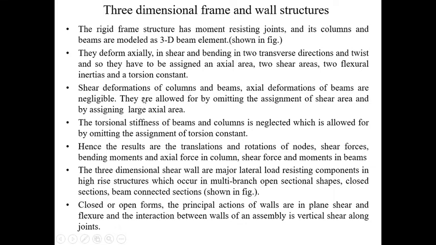Then the shear deformations of the columns and the beams, and also the axial deformations of the beams, are very small, and hence they are allowed for by omitting the assignment of shear area and assigning a large axial area.